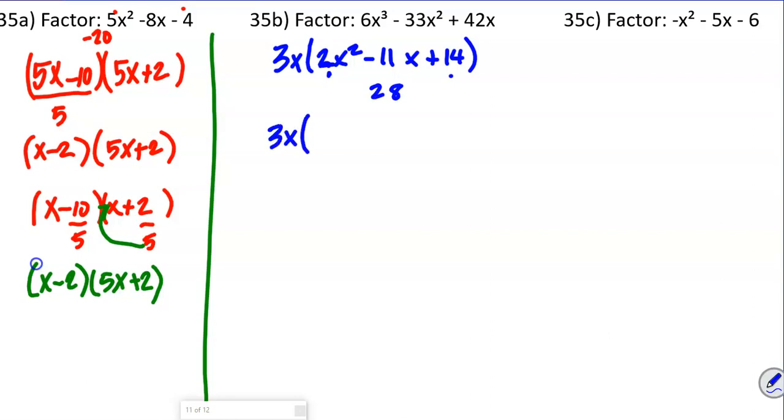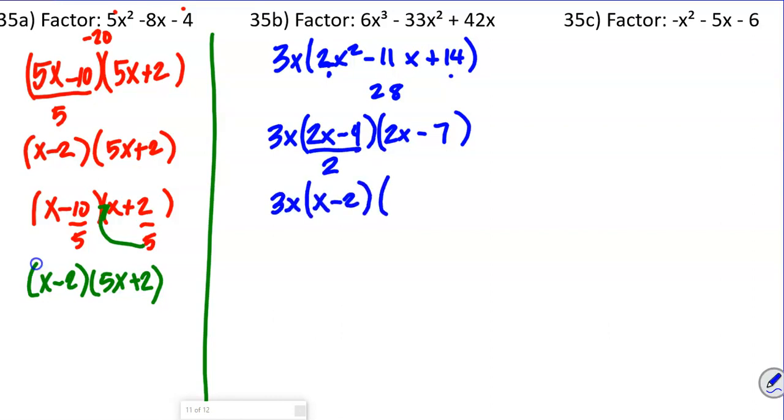I'm going to still have my 3x out there, and I'm going to go ahead and do my drop-down method here. So I'm going to put my 2x in both. We're looking at the factors of positive 28 that add up to -11. That's going to be -4 and -7. Notice there's a GCF there of 2. So this is going to be 3x times x minus 2 and 2x minus 7. And again, you could have used the bottoms-up method. Doesn't matter which one you use.